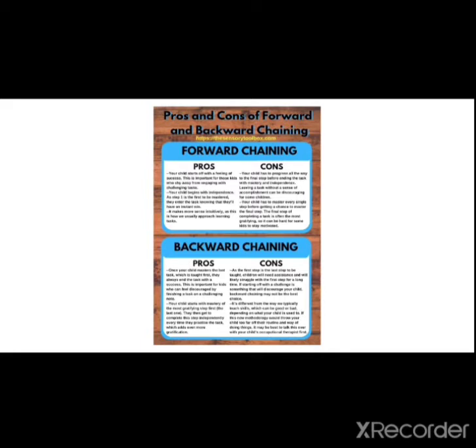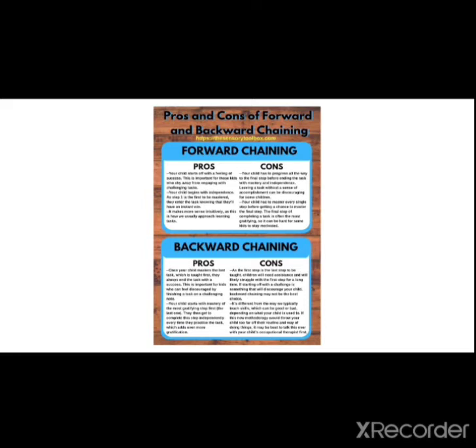Backward chaining is a little different. We use backward chaining with individuals who potentially or not necessarily could wait for reinforcement, but they have trouble waiting for reinforcement. So we're going to do backward chaining so they can obtain reinforcement more quickly, which is basically the end behavior of the chain, the last step.